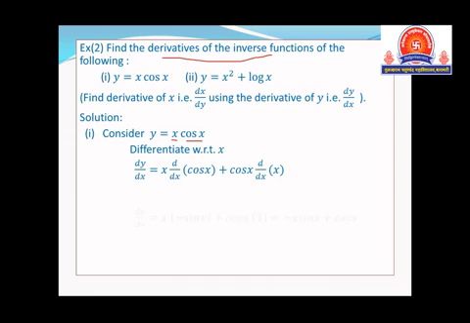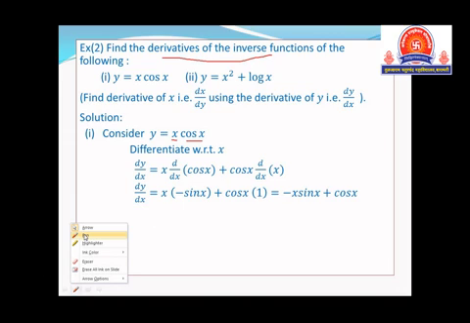Now what it gives? See, derivative of y with respect to x is that. So it is dy by dx and x as it is. Derivative of cos x is minus sin x. Cos x as it is. Derivative of x is 1. So it is equal to minus x sin x plus cos x.